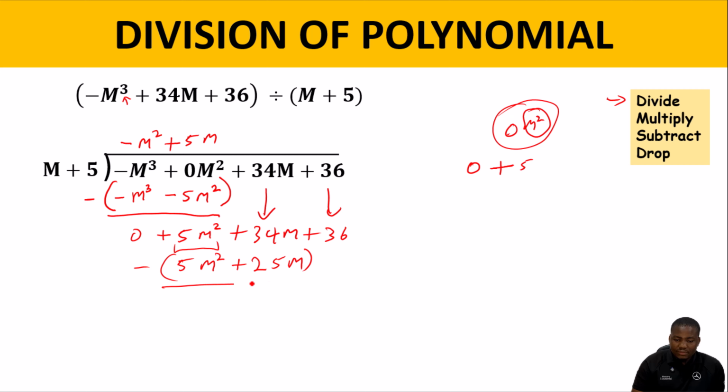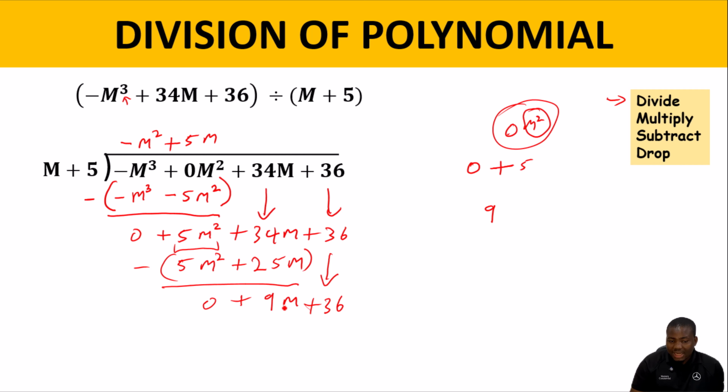So we have 0 plus 35 minus 34 minus 25. That's going to give us 9. So we have 9m plus 36.